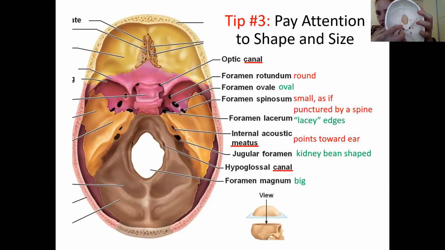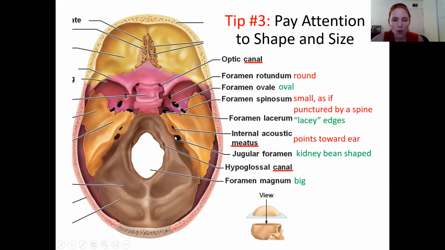See how this looks like a little mountain range? This is part of the temporal bone, and that's called the petrous part. Petrous refers to the mountain range of the temporal bone. If you're on the posterior side, the back side of the mountain, and you have a tube-like hole pointing toward the ear, that's going to be the internal acoustic meatus, and it will be fairly small.